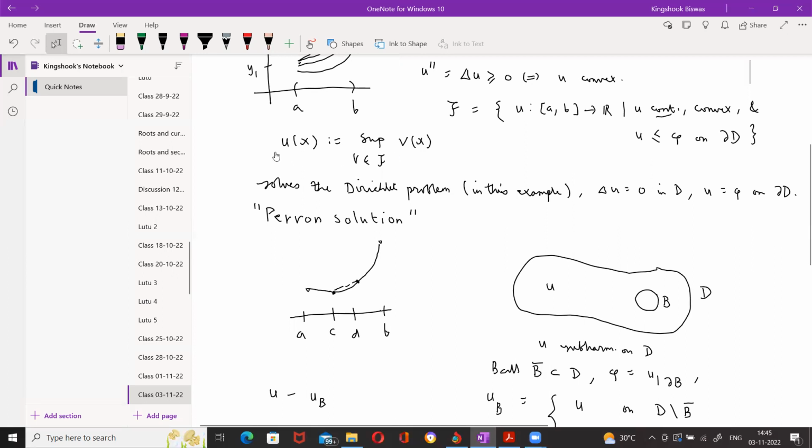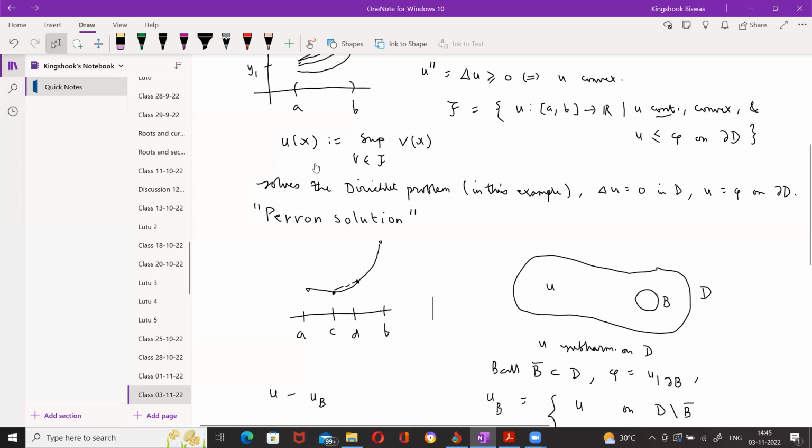Yes, sir. The only catch with this argument to show that the Perron solution is harmonic is the continuity of U. We don't know it's continuous a priori. It's just semi-continuous, so we can't necessarily define the harmonic lifting. There's a way around it by approximation: you approximate by functions which are continuous and so on.